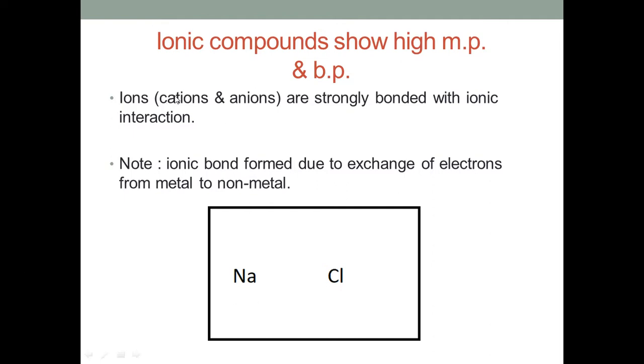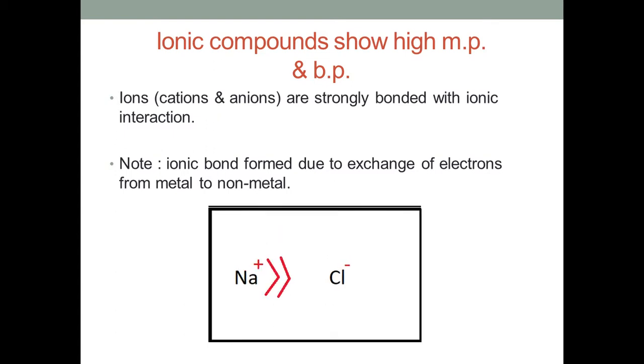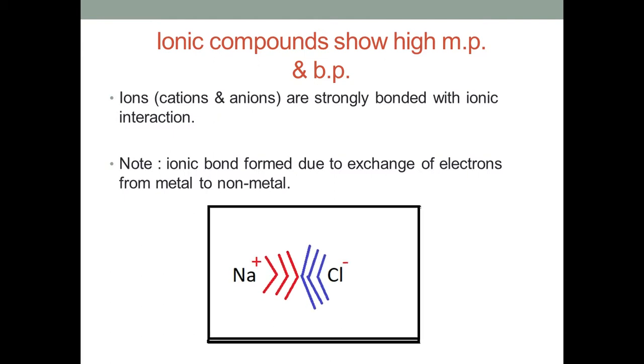You can see here ions like cations and anions are strongly bonded with ionic interactions. As we know, sodium loses its electron and gains positive charge, while chlorine gains an electron and acquires negative charge. Between the positive and negative charges, which are oppositely charged, there is an electrostatic force of attraction, and because of that attraction they are able to form ionic bonds.